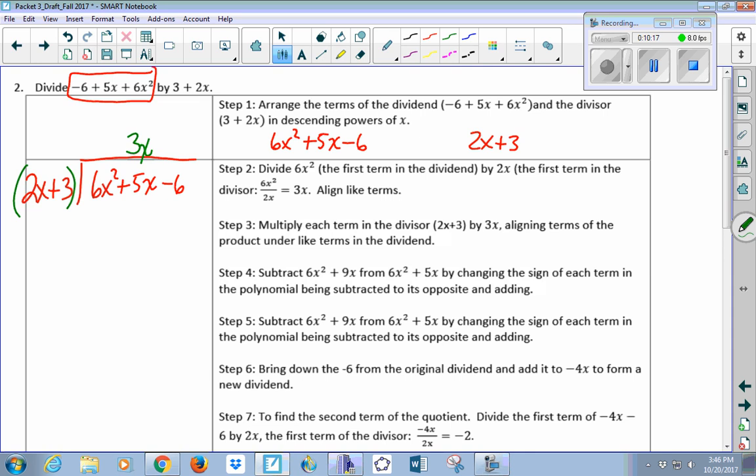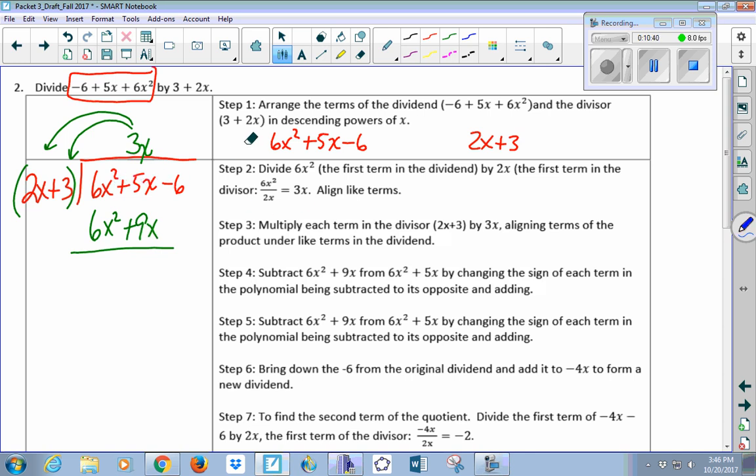Sometimes students like to put the divisor in parentheses. So I multiply 3x times 2x, and I get 6x squared, and then 3x times 3, and I get 9x. And now I have to subtract the 6x squared and the 9x from 6x squared plus 5x.